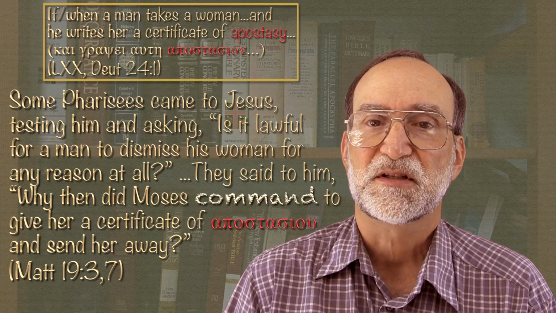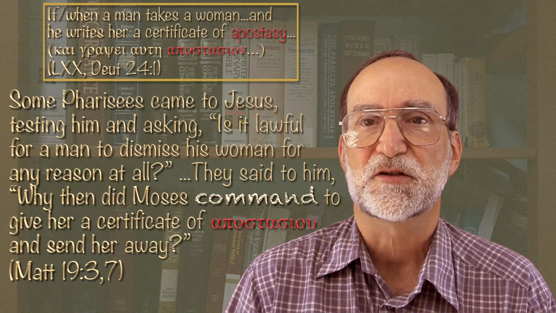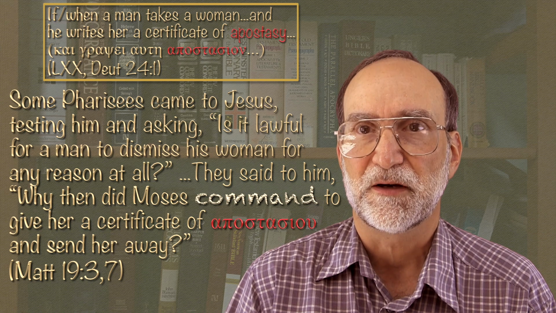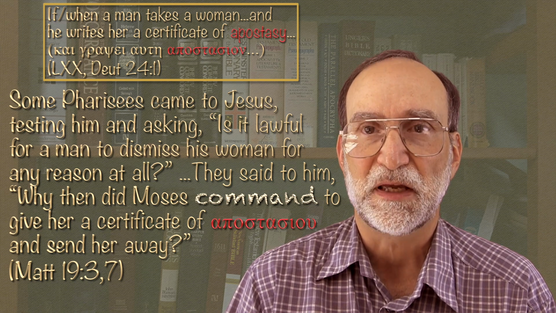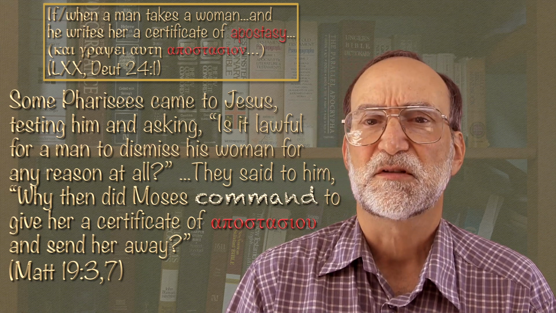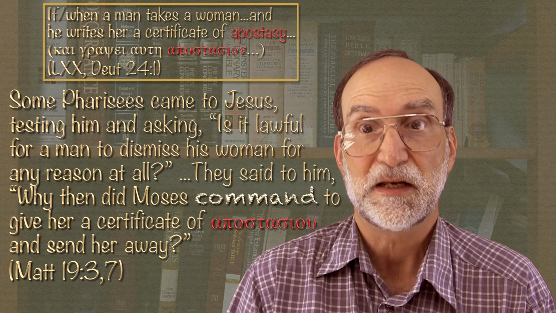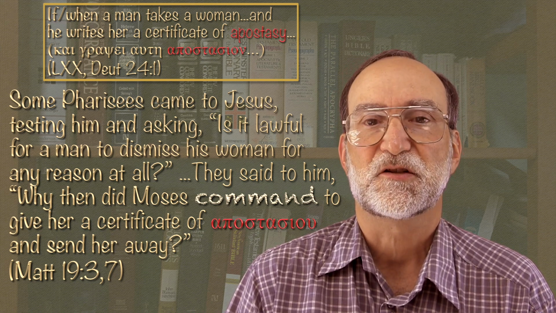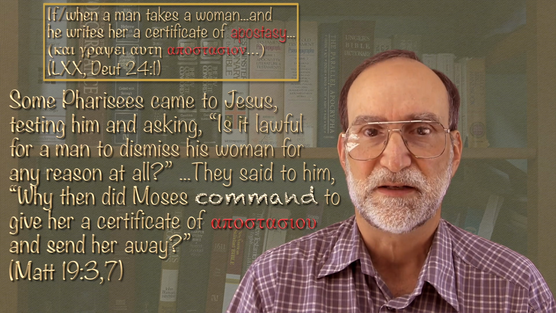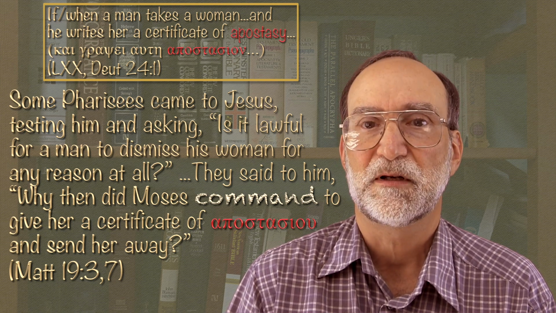The Pharisees at the time of Jesus read into the scriptures what was not there, reciting a tradition of men. Moses did not command or direct anyone to divorce anyone, or to write any such certificate in the first place, or to send a woman away.